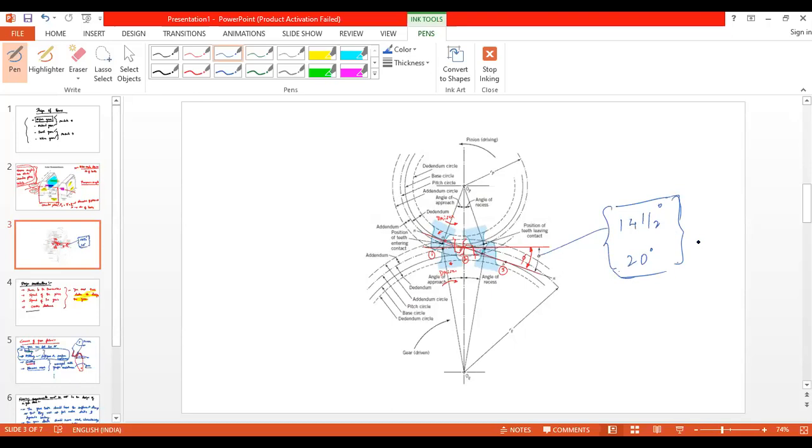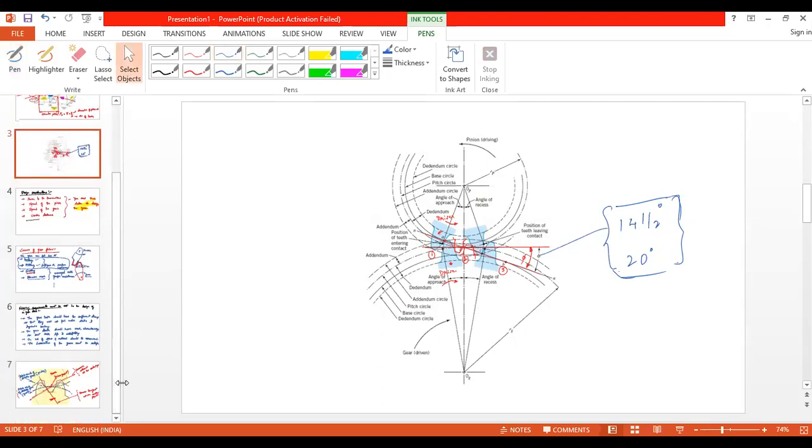So if you take any gear, it will have either 14.5 degree or 20 degree pressure angle. You can ask me why 14.5 and why only 20. Based on experience and experiments, they came to the conclusion that 14.5 and 20 are the better suited pressure angles.